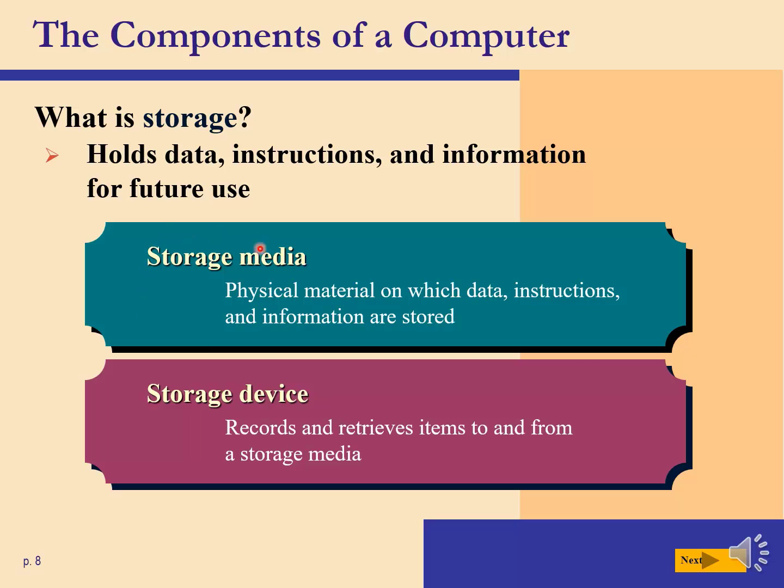Storage media is a physical material on which data, instructions, and information are stored, whereas a storage device records and retrieves items to and from storage media. Examples of storage media: CD, flash, hard disk.